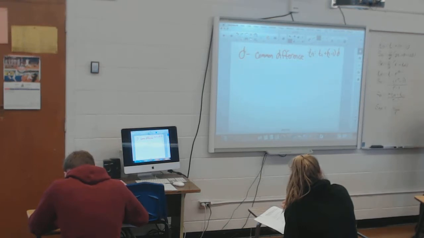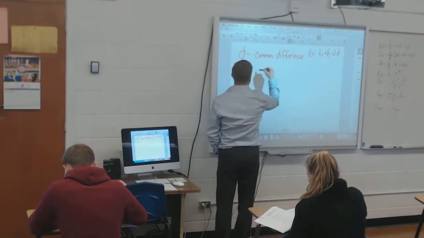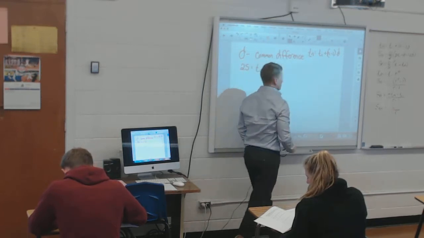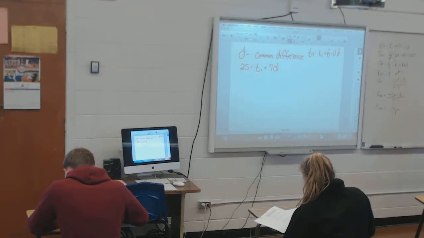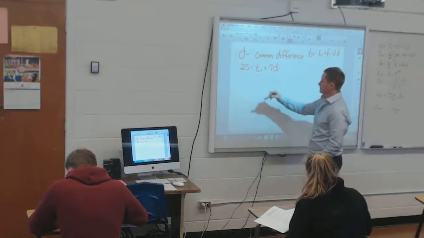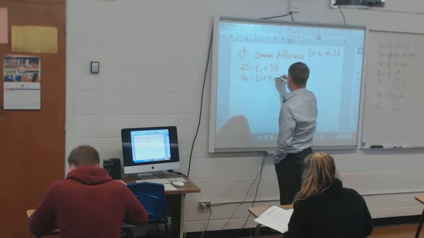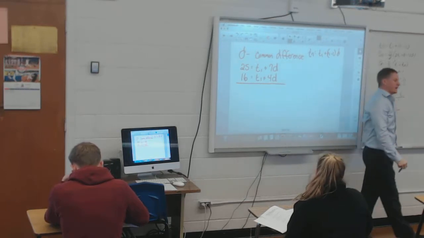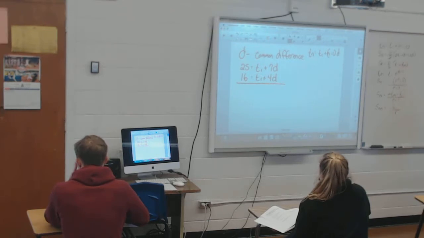So t₈ is 25, and t₅ is 16. I need to find out what my common difference is and what my t₁ is.